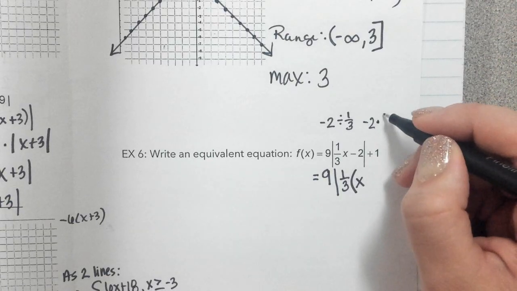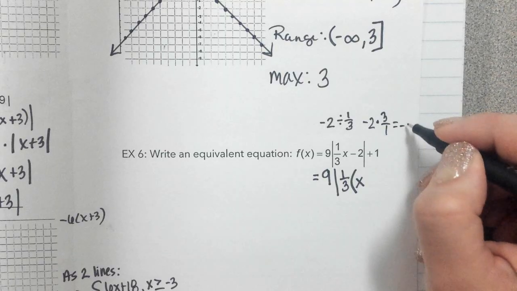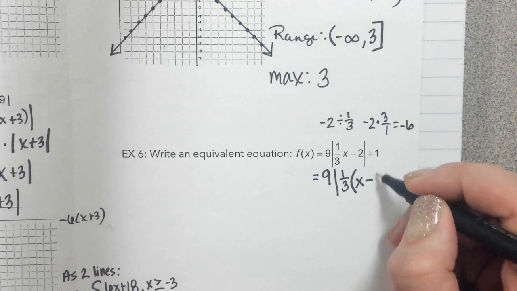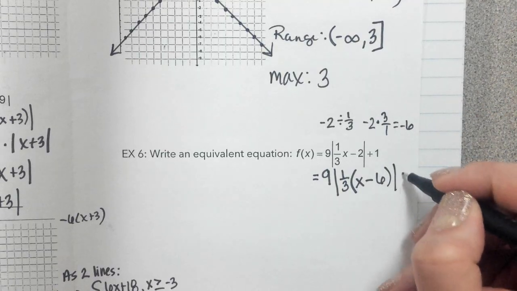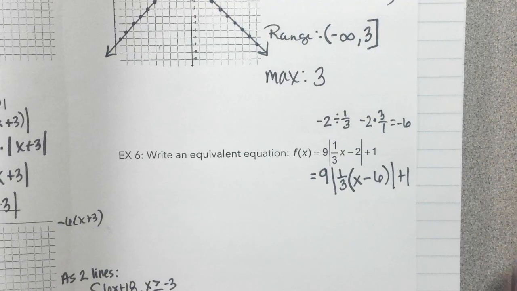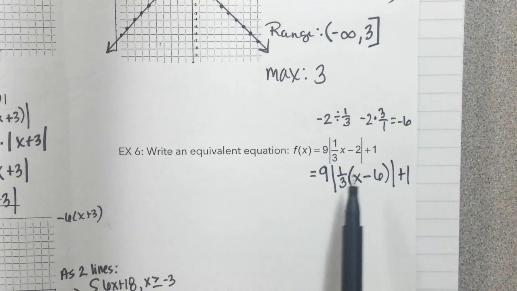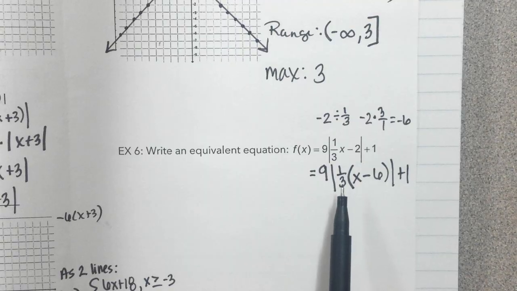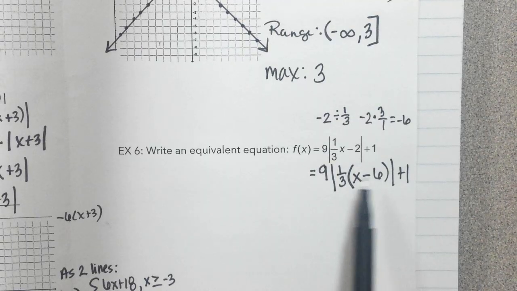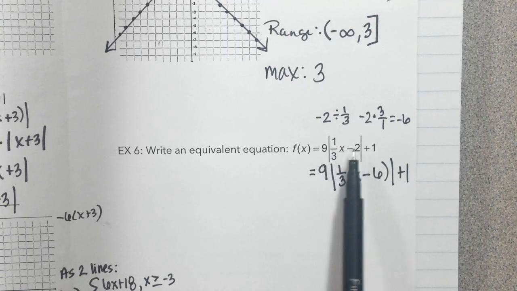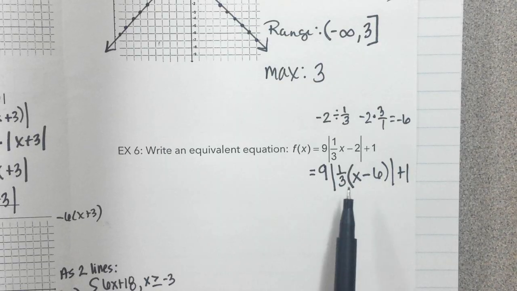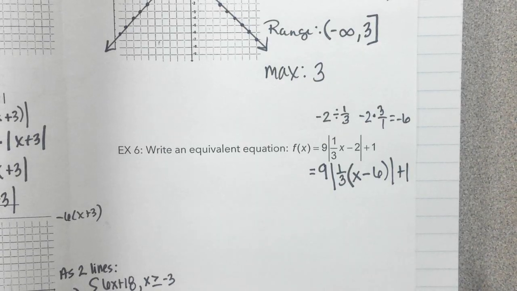You multiply by the reciprocal. So it would be negative 6. So this would be 1/3 times x minus 6. And look, this makes sense. If you were to distribute 1/3 into the stuff in parentheses, wouldn't you get 1/3 x minus 2? Yeah, it makes sense.